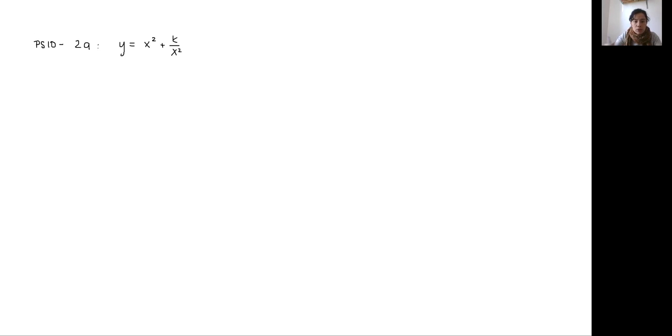Then there's a problem in 3c where the differential equation is going to be y prime prime minus 3y prime plus 2y is equal to 0.